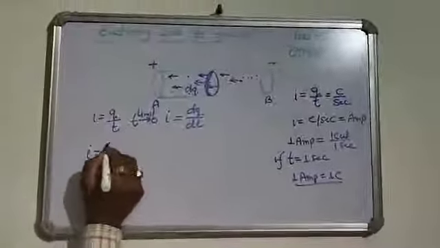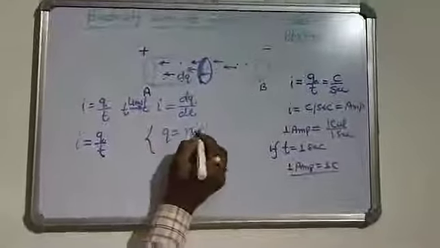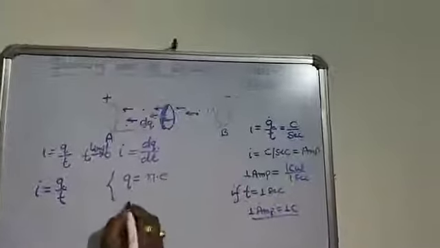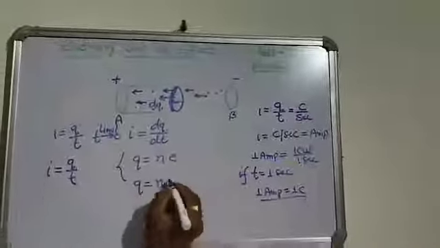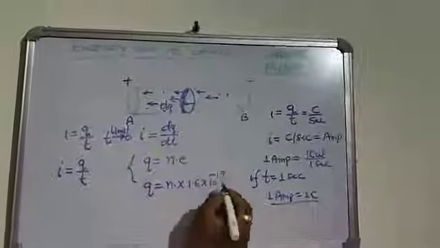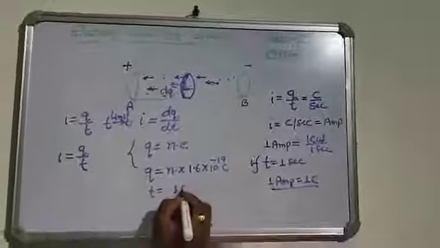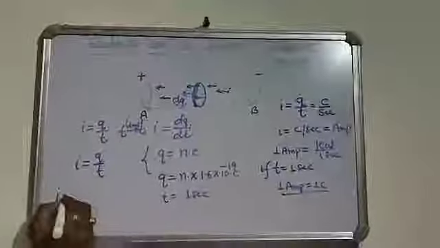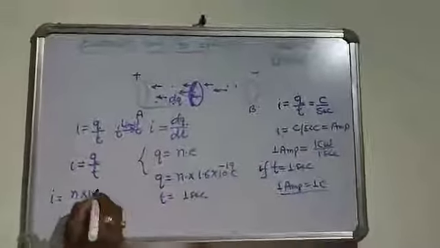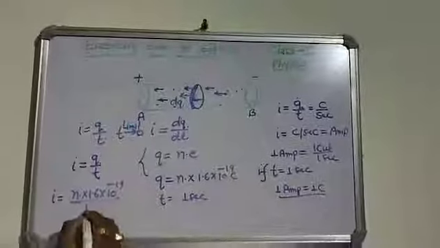I is equal to Q by T, where Q is equal to N into E, where N is the number of electrons and E is the charge on an electron. So total charge Q equals N into the charge on an electron, 1.6 into 10 to the power minus 19 coulomb. And time taken is 1 second. So I is equal to N into 1.6 into 10 to the power minus 19 upon 1 second.